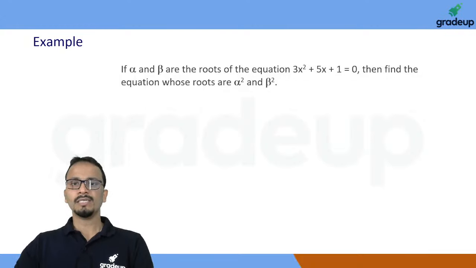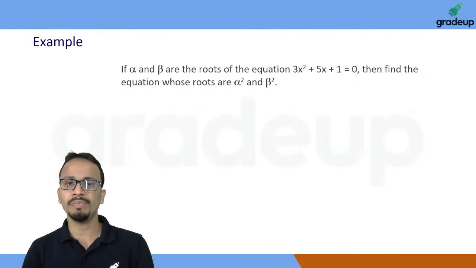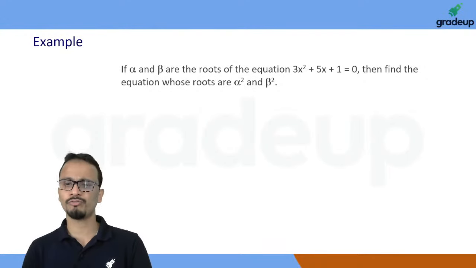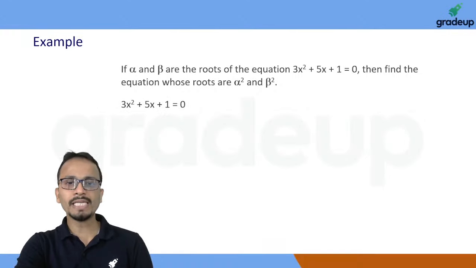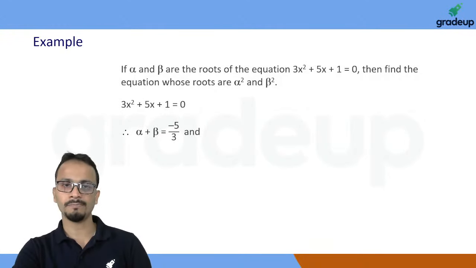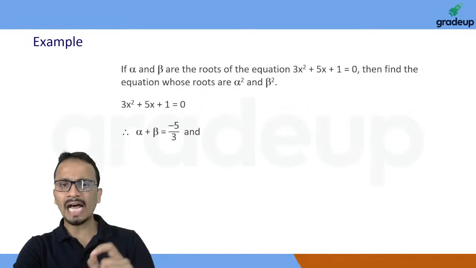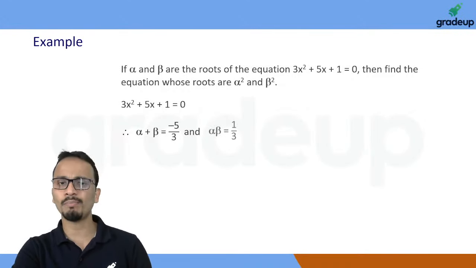Now we'll do this without finding the values of alpha and beta. So we'll take the help of the sum and the product of roots. If I consider this equation and write the values of alpha plus beta and alpha into beta, then alpha plus beta is minus b upon a, which is minus 5 upon 3, and alpha into beta is c upon a, that is 1 upon 3.